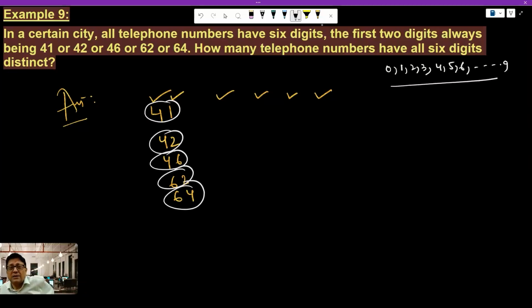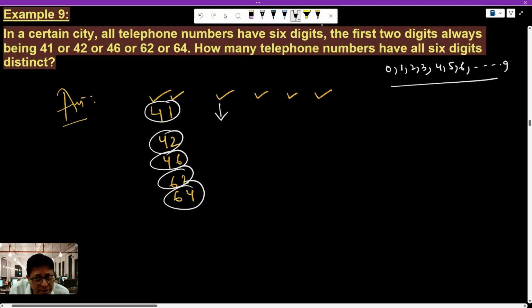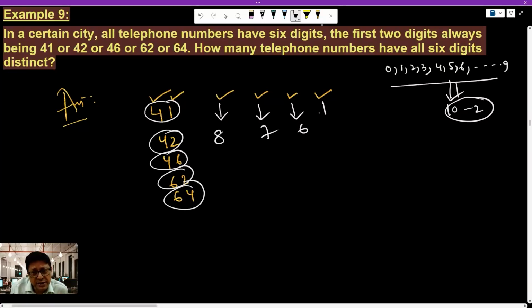And all digits are distinct. If you have taken 2 digits here, those 2 you cannot take for the remaining 4 places. So how many ways can this place be filled in? 0 can be there. So out of 10 digits, how many are left? 8. So this place can be filled in 8 ways. This one 7, this one 6, this one 5.